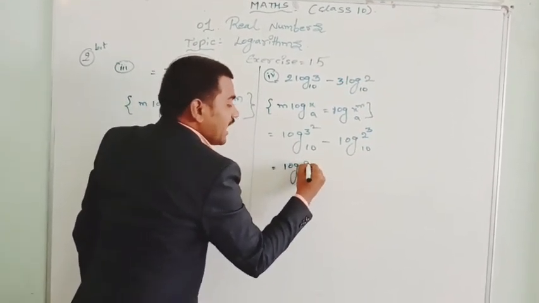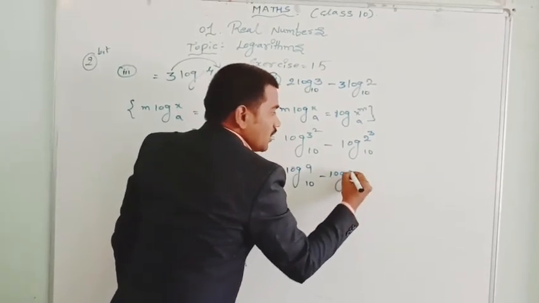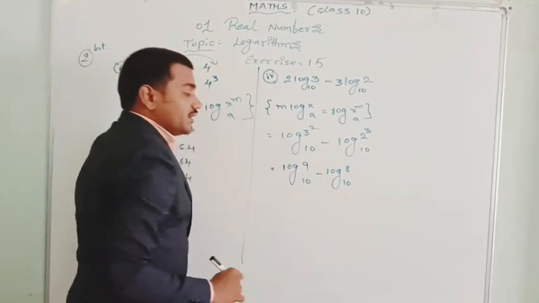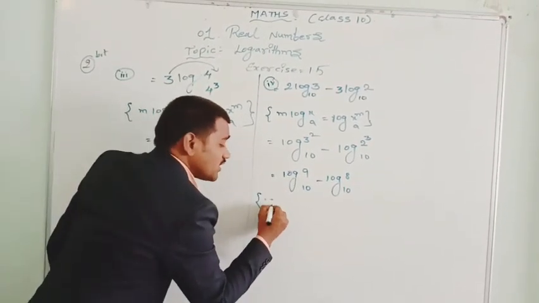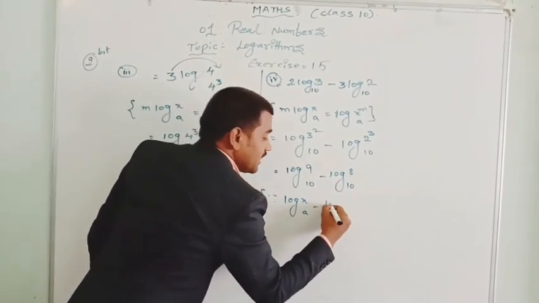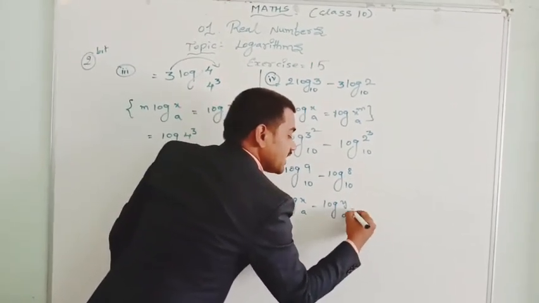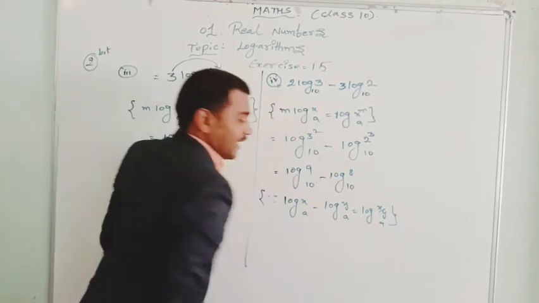Those values we need to substitute here. Log 9 base 10 minus log 8 base 10. Here again we have the quotient formula that we used in our second problem: log x base a minus log y base a equals log x by y base a.